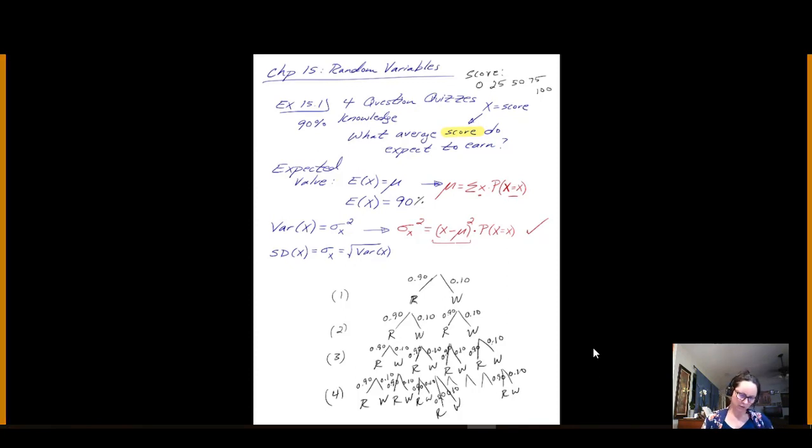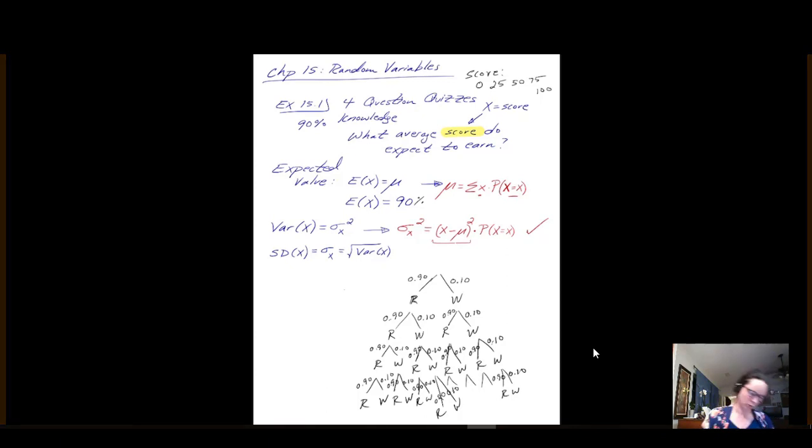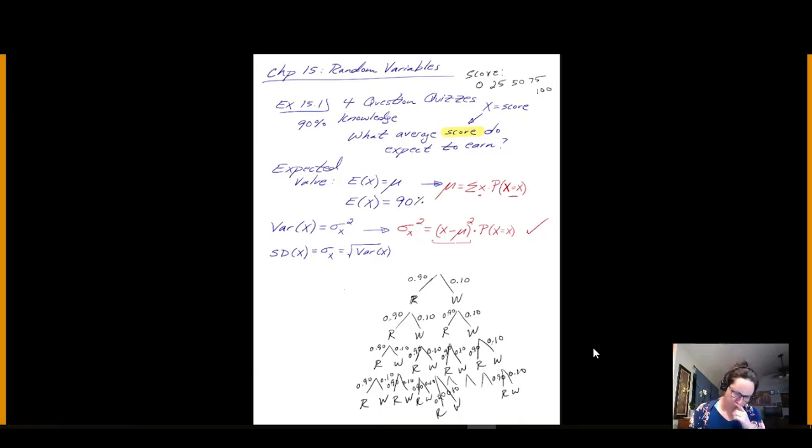So let's take a look here using the tree. And I bet, if you didn't already pick up on this pattern before as you were going through chapter 14, I bet you're going to see a pattern that you're going to like pretty quickly. Even without me having to go too much into the why, the pattern should stand out pretty nicely for you. So let's make a nice little table here really quickly.